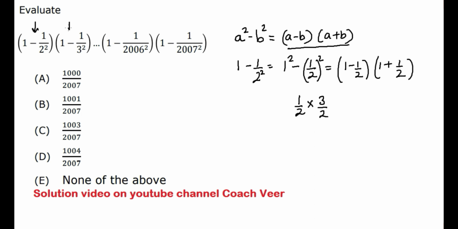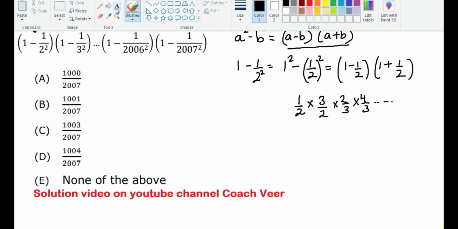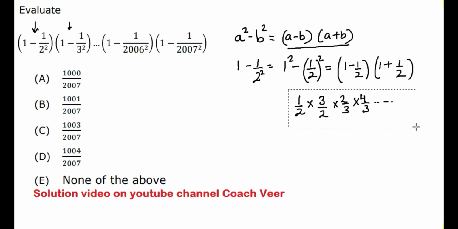Now let's move to the next term: 1 minus 1 by 3 is going to be 3 minus 1, which means 2 by 3, and then 1 plus 1 by 3 is 3 plus 1, which means 4 by 3. Like that it will keep on happening. Let me just move this up to this side so that you guys can see it better.